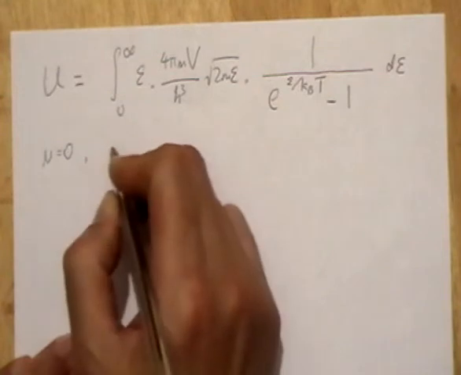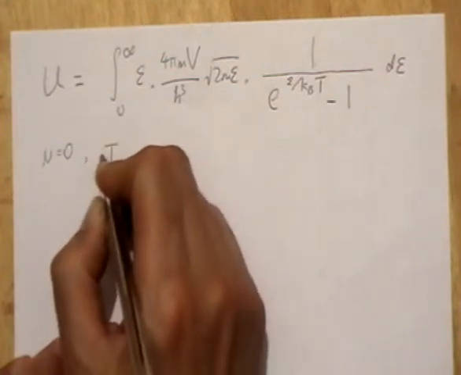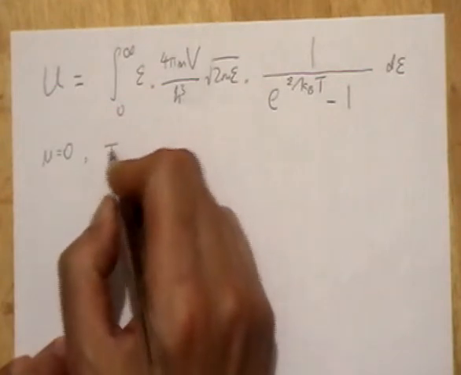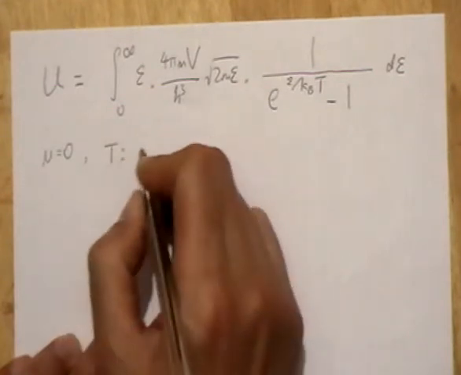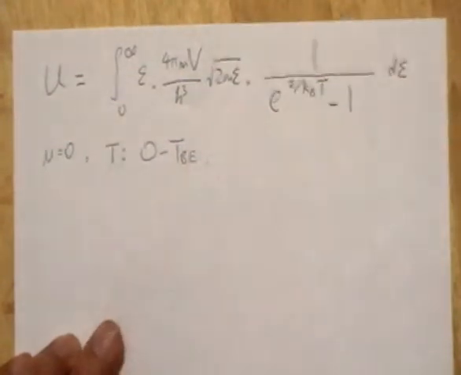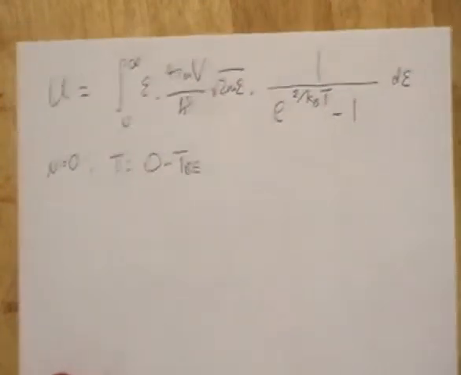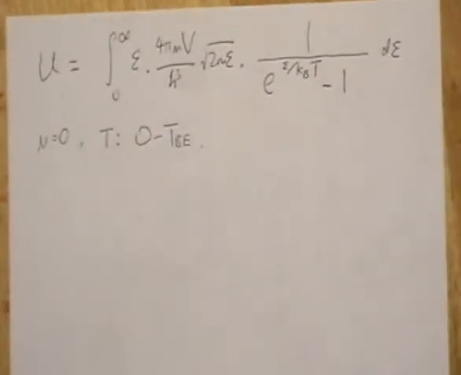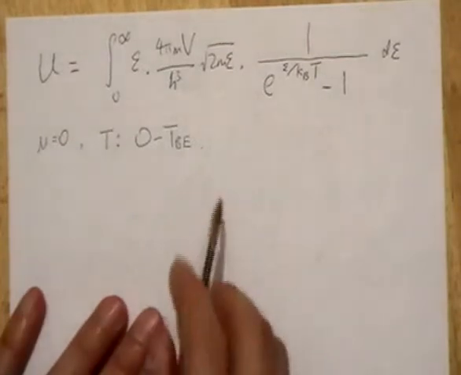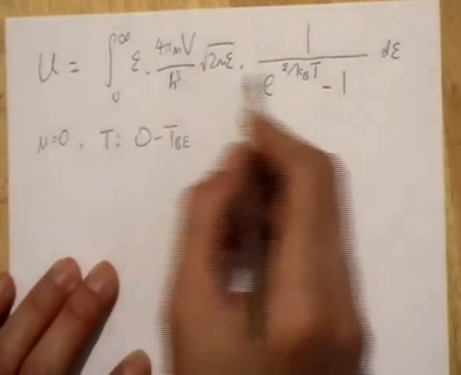Alright, because this is true for temperature from 0 to TBE. So that's the condition that we are working in. So how can we integrate this?